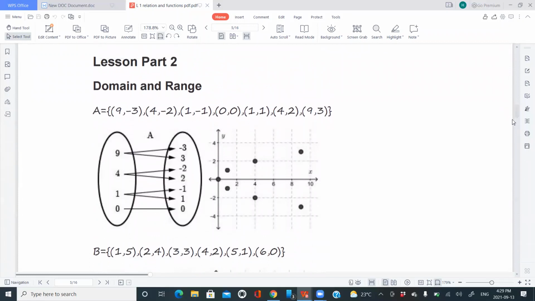Next, the second is domain and range. Can you tell me what is domain and what is range? Domain is, I think, if we talk about the mapping diagram or whatever function is given to us, let's say this ordered pair or function f(x), it is like a machine, right?